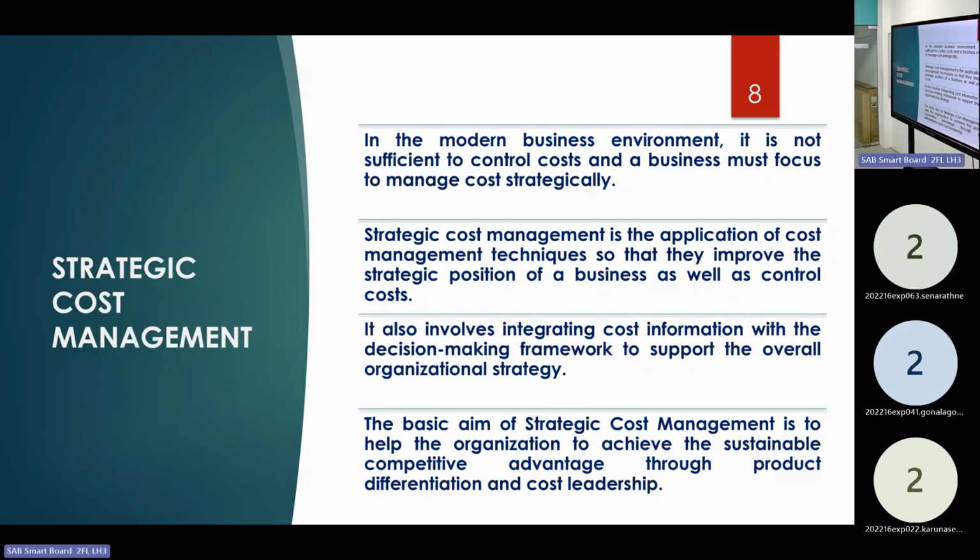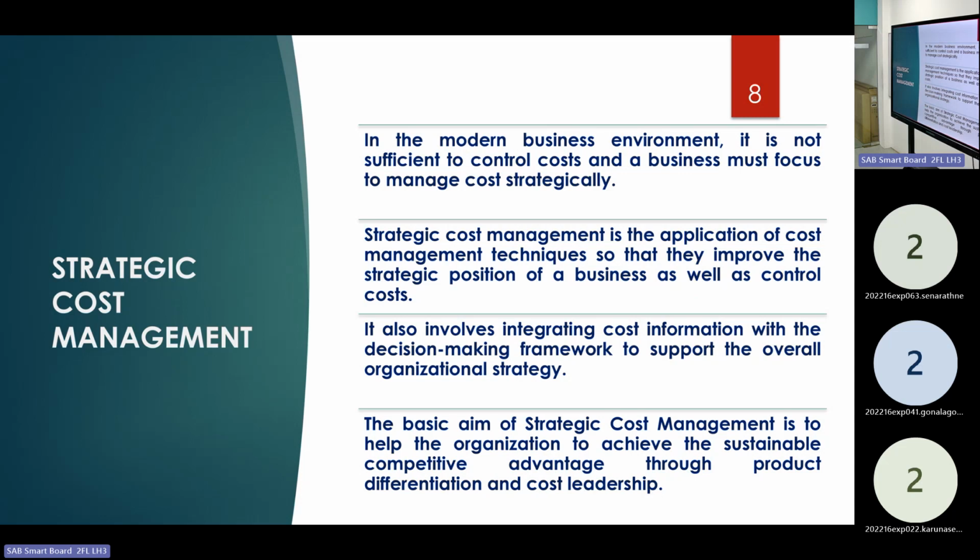Then we are moving to the next. This is called strategic cost management. In the modern business environment, it is not sufficient to control cost. The business must focus on managing cost strategically. Now, it's very important to understand this term: manage cost strategically.